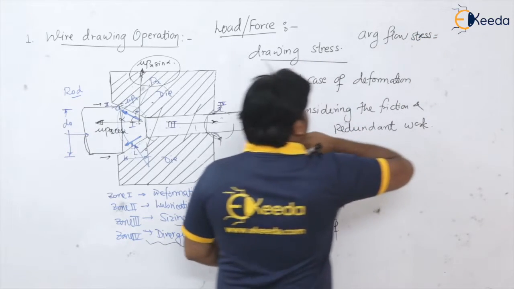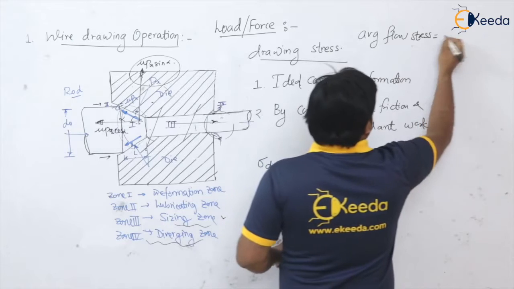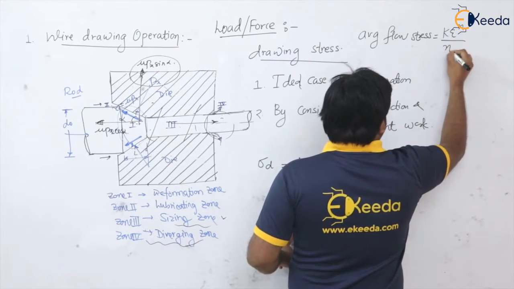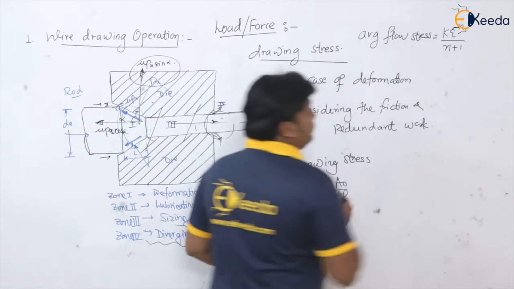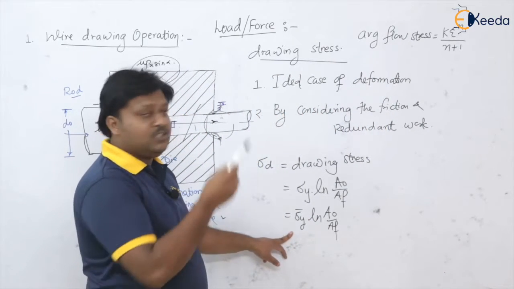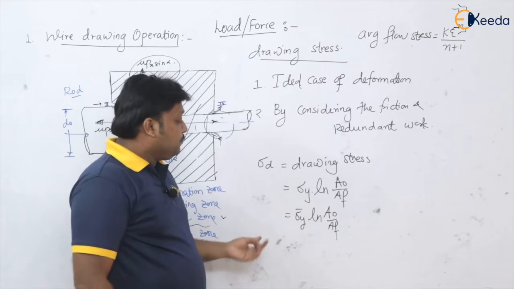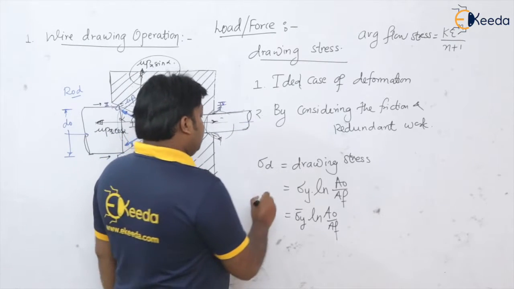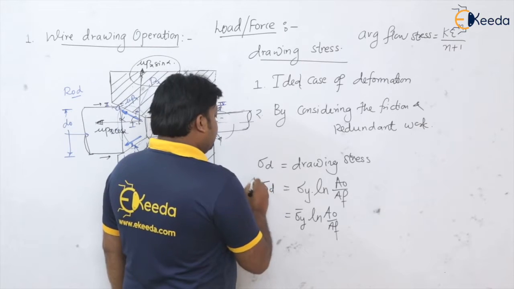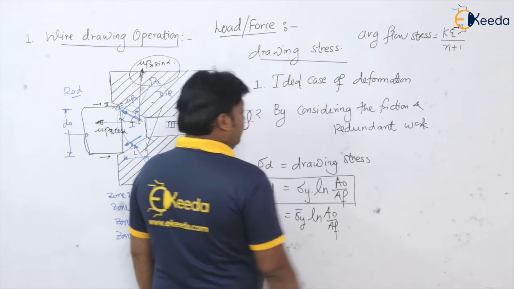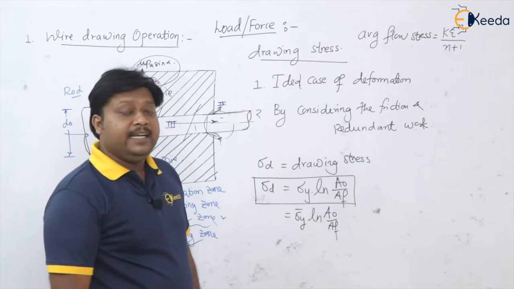And how to calculate average flow stress? It is K epsilon to the power n divided by n plus 1. Okay, we have seen it in the basics of metal forming. So here sigma d is equal to sigma y ln of A original by A final.